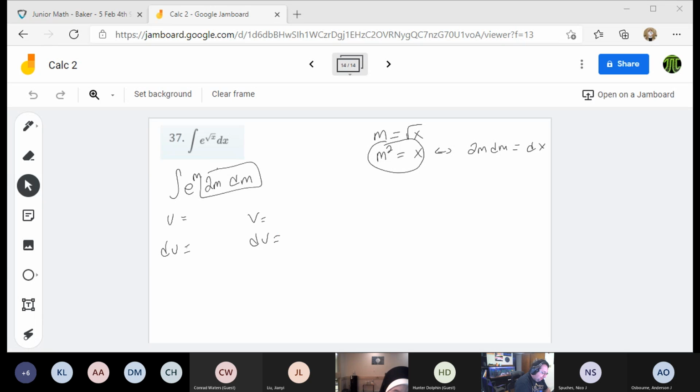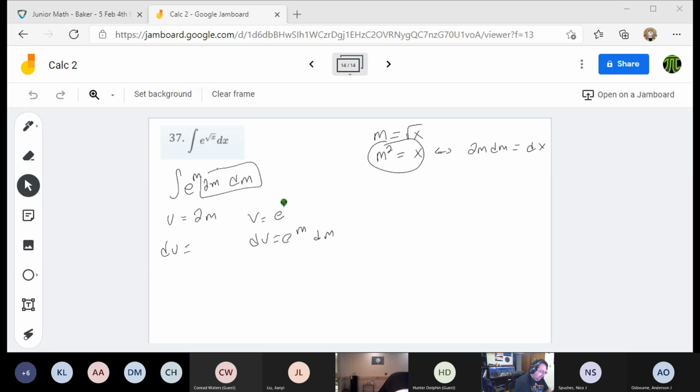Which one am I going to make my u, the 2m or the e to the m? Actually, remember, my algebraic is always first, and exponential is going to be last. So that's going to be 2m there, and that's e to the m.